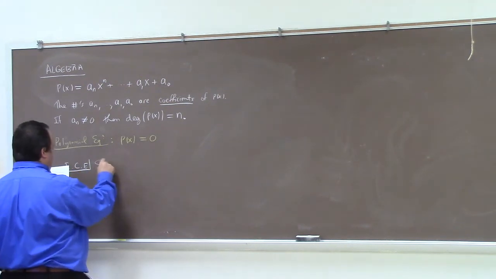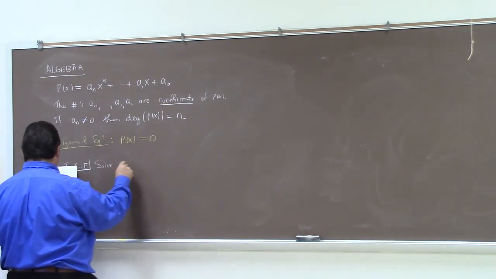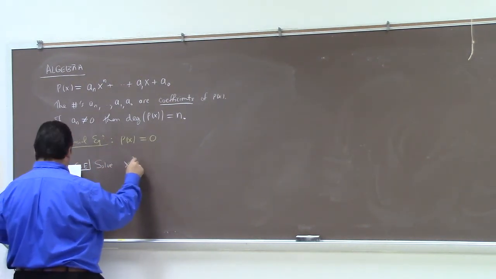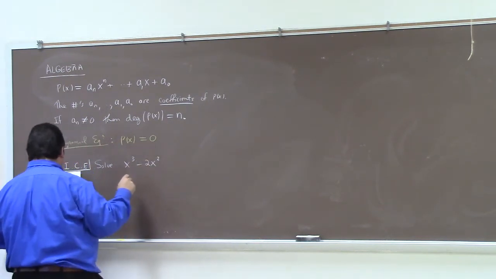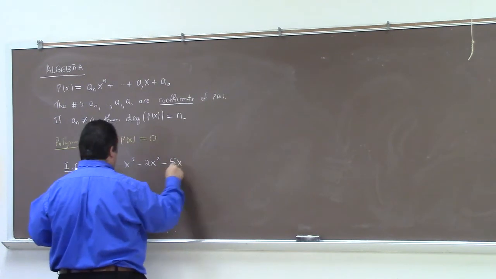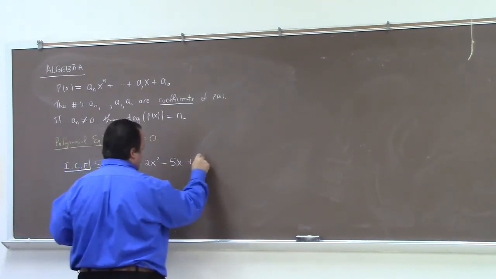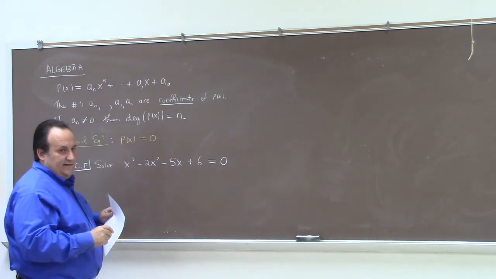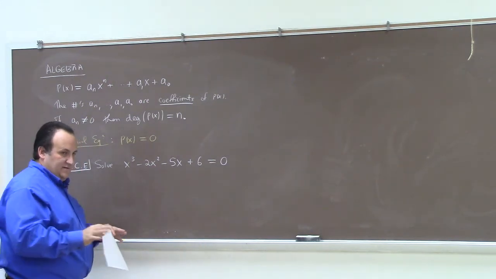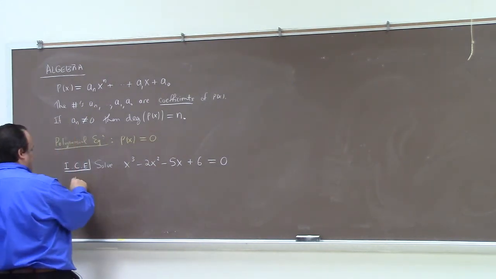So like in class example, I ask us to solve x cubed minus 2x squared minus 5x plus 6 equal to 0, right? Now that's a very scary question, right? But I also have given us a hint.